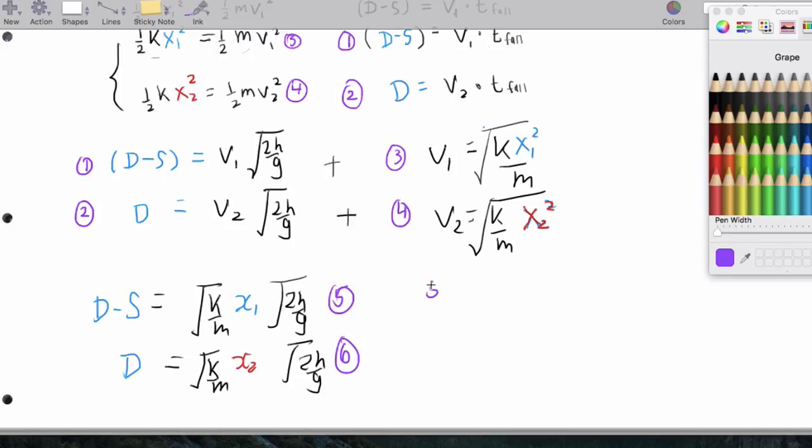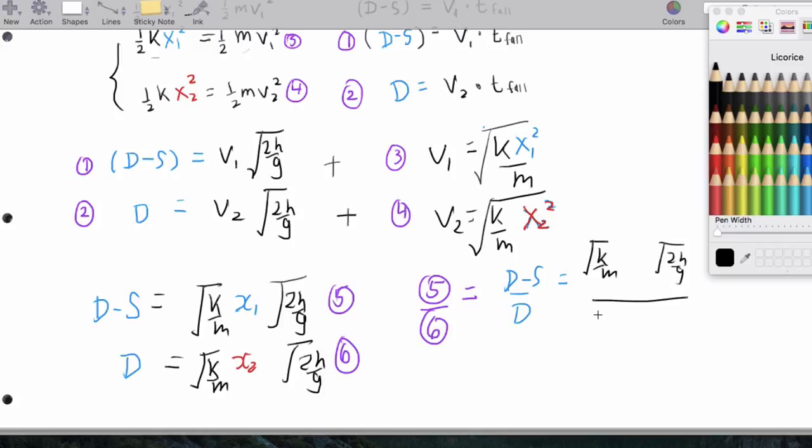What I'm going to do now is divide equation 5 by equation 6, and that's going to give me on the left side d minus s over d equal to, and there's going to be a lot of stuff that cancels in a second, you'll see, k over m square root of 2h over g. Bear with me as I write all this out. This will be an x1 here and an x2 down here.